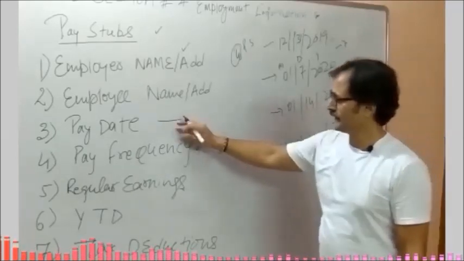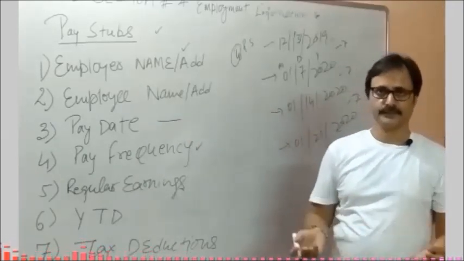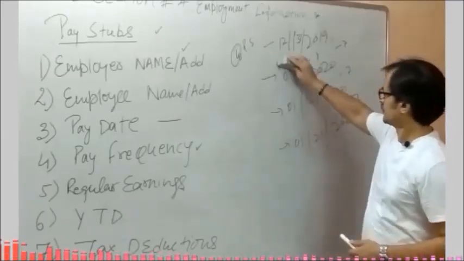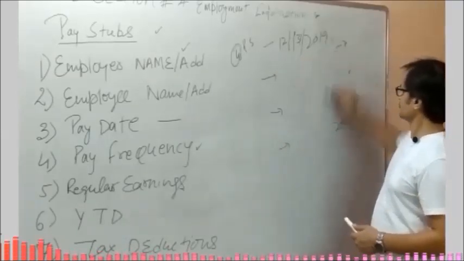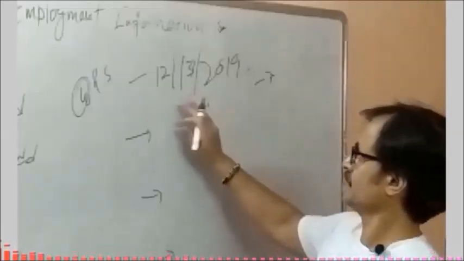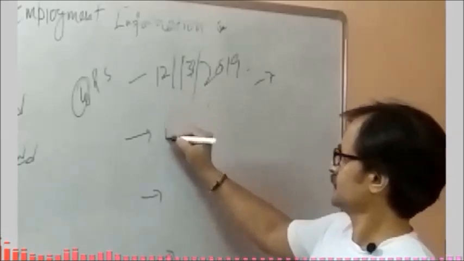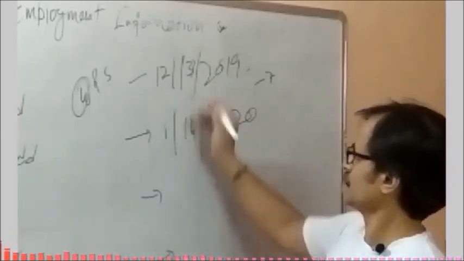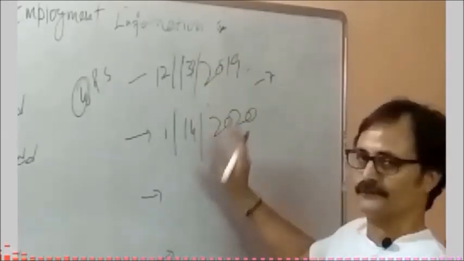So from the pay date, if we have multiple dates, we can easily determine the frequency. And there are others as well. The last pay stub was showing that it was released on 12/31, and the next is showing 1/14. Then again we can easily determine that the gap is 14 days.